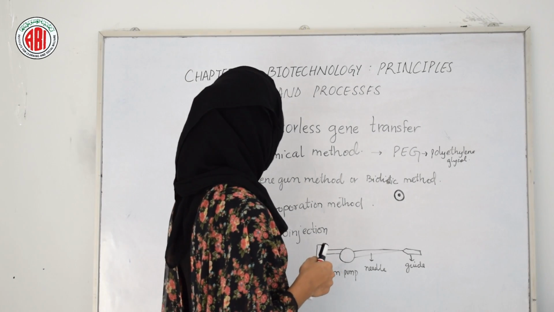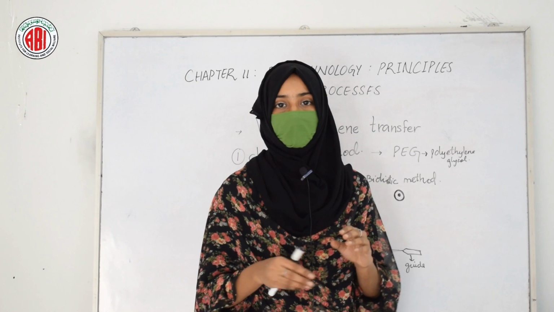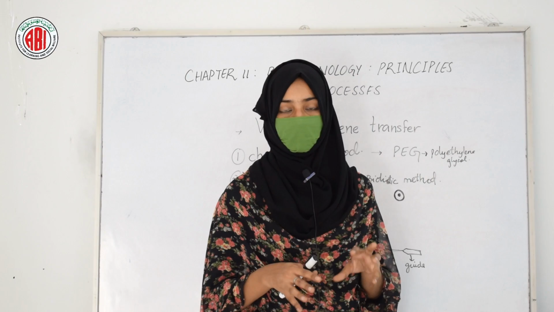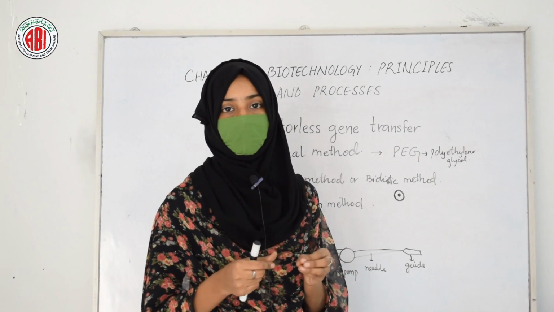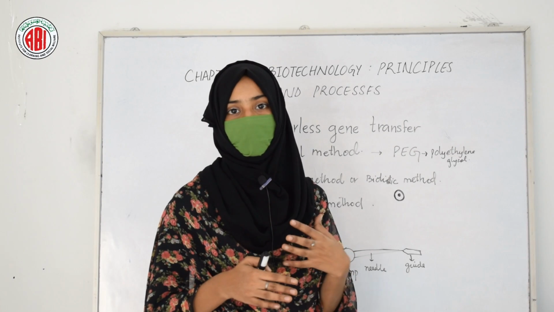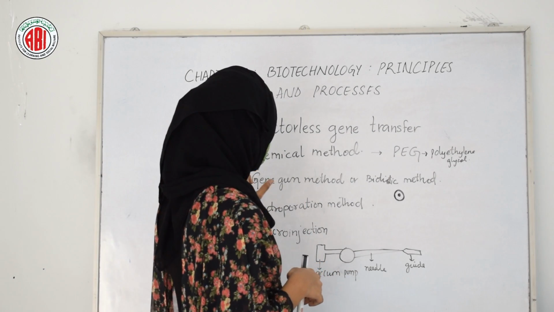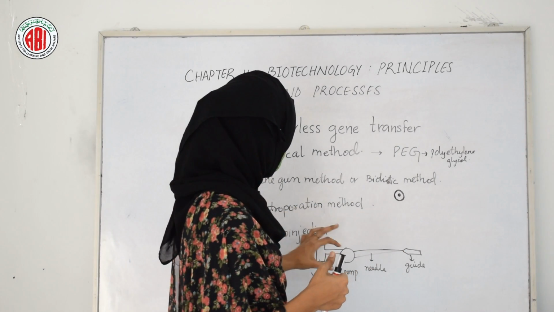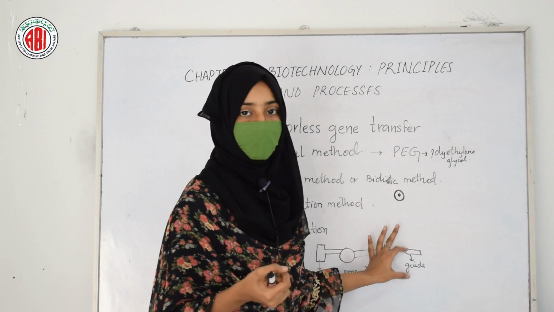The next one is the microinjection method. It is a method through which the gene can be injected into animal cells or into the human cell. Especially the gene of the egg cell is isolated and injected into the cell. In the microinjection process, a device is used which has different parts like a vacuum pump, a needle-like structure and a guider.